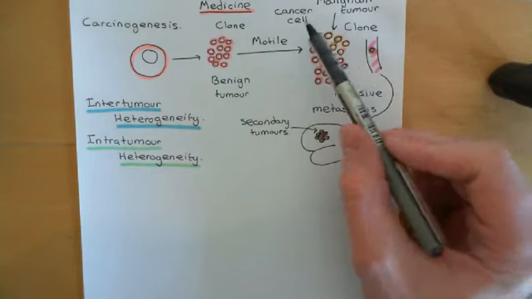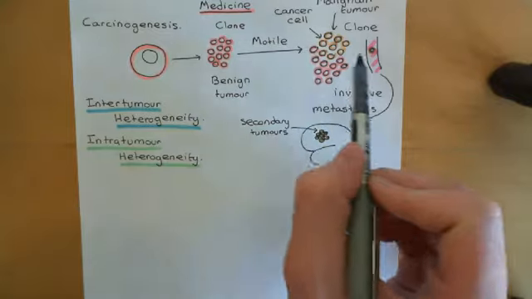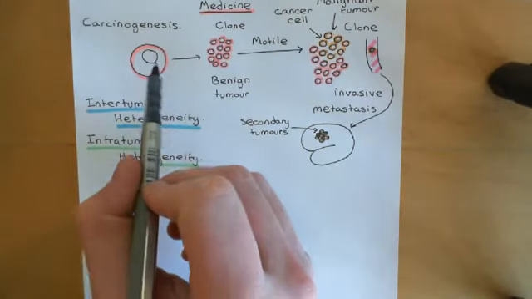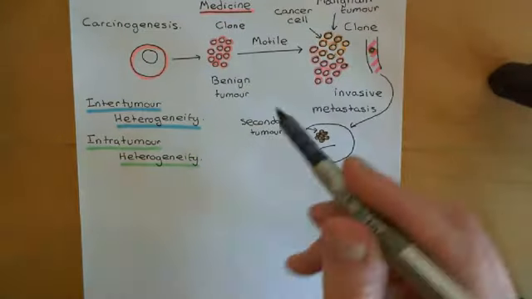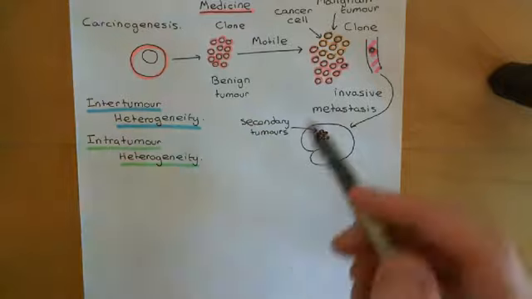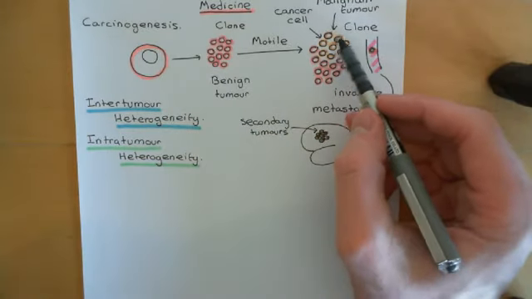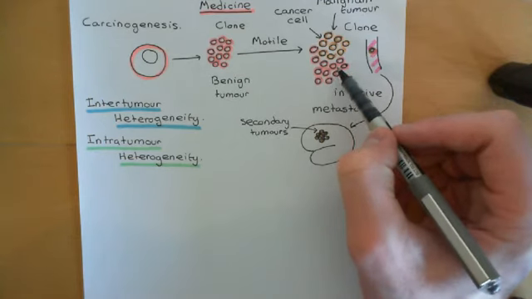You find many, many different clones of cells, and that relates to the fact that there are more steps in this process than just two. So you form loads of intermediate clones on your way to the final cancer clone. So basically, within a tumour, you have loads of different cells with different genomes.